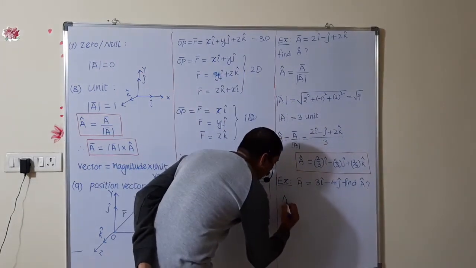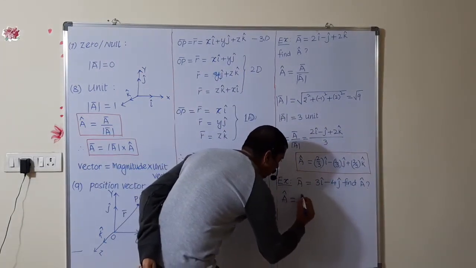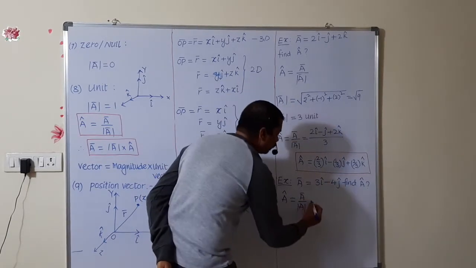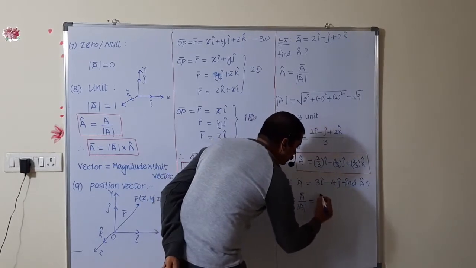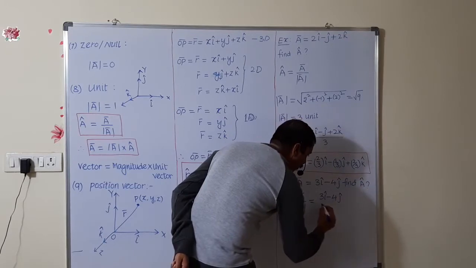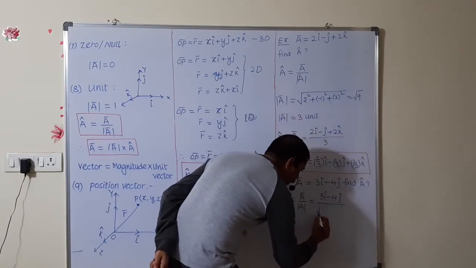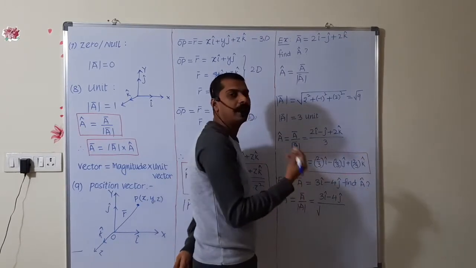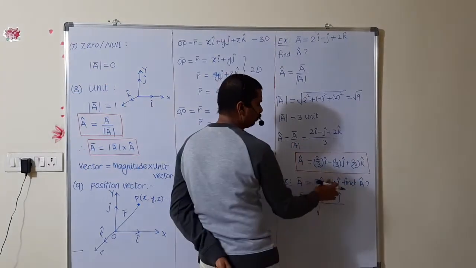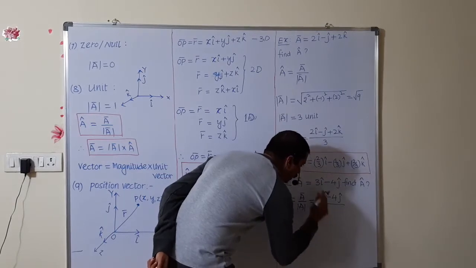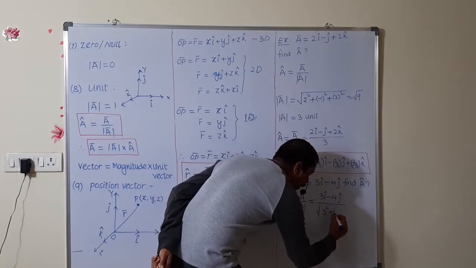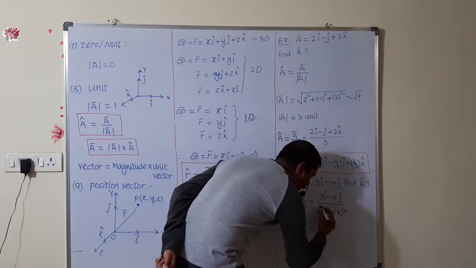Here the A unit vector is equal to A vector upon mod of A vector. Directly I am writing: the A vector as it is, 3i minus 4j, upon the square root of the square of the x component plus square of the y component plus square of the z component. But here only x and y are given. Instead of x, the value is 3 square, plus instead of y, minus 4 whole square, which gives 5.